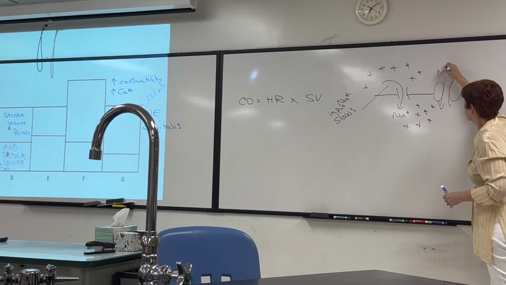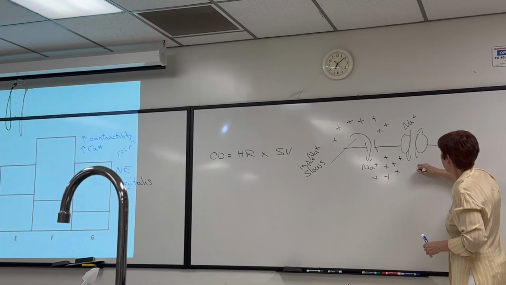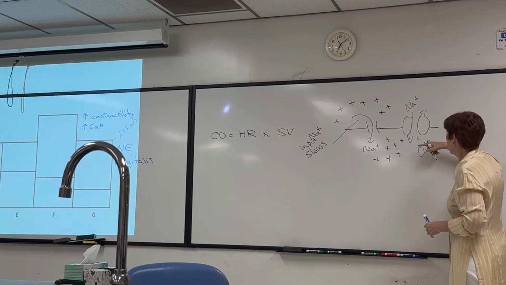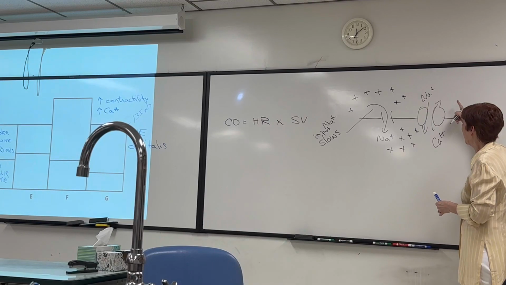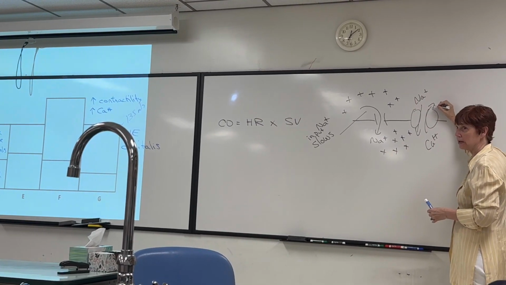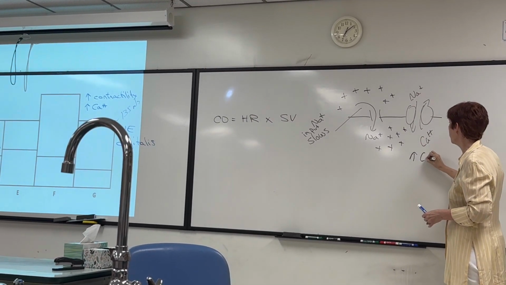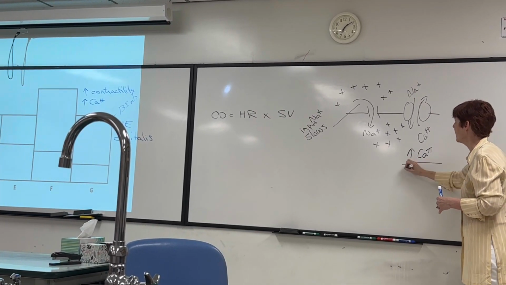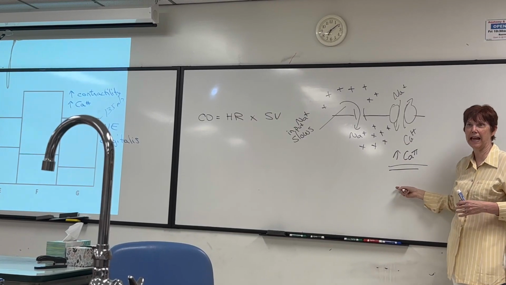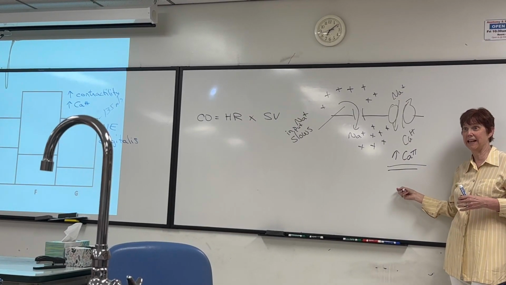Less sodium is going to come in here as well, and therefore less calcium is going to go out. Kind of a series of changes to look at. And so with less calcium going out, we end up keeping that calcium instead of returning it to the outside. And because of this, digitalis causes more calcium to be in the cell.